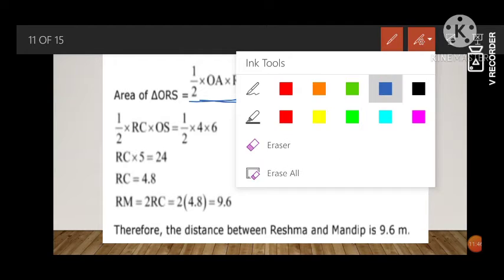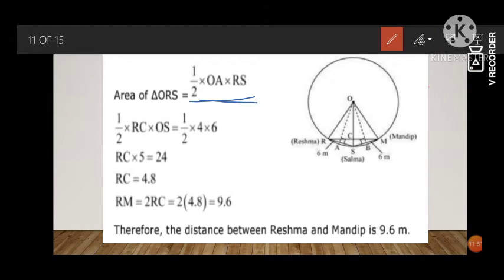So half of RC into OS, where this is the perpendicular and this is the base, is equal to half of OA into RS. So the triangle area is the same. Half and half cancel each other. RC into 5 is equal to 24. So RC is equal to 4.8.